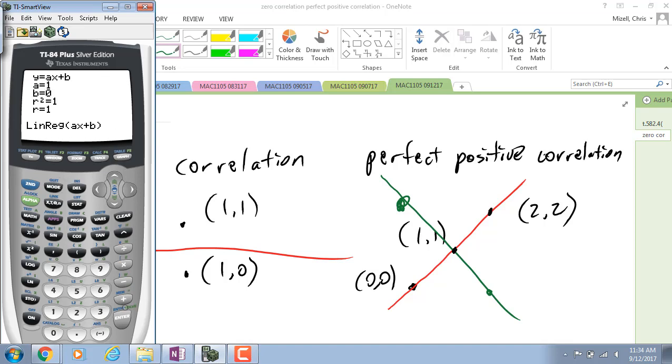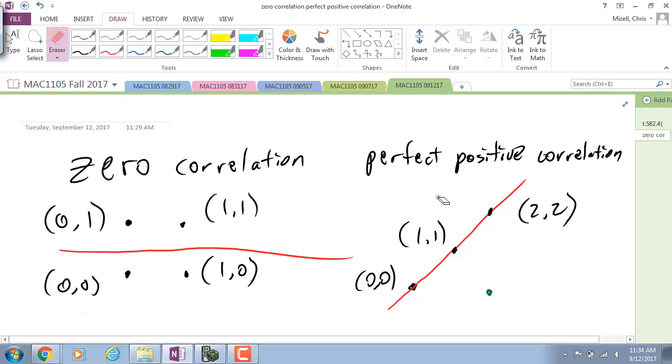Second entry, and that's the line y equals -x plus 2, y-intercept of 2, slope of -1, and the correlation coefficient is -1. The correlation coefficient, again, doesn't correspond to the slope, but it has the same sign as the slope. So that would be perfect negative correlation. I suppose I should erase that much of it. So those are the extremes.